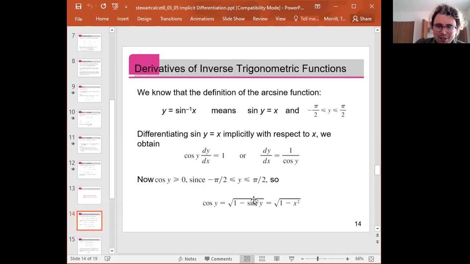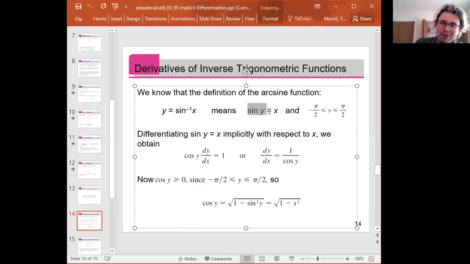And since we are working under the assumption that y is between negative pi on 2 and pi on 2, that means I don't need a minus sign here because my cosine function is positive. So in this region, cosine of y is equal to the square root of 1 minus sine squared of y. And sine squared of y is just going to be x squared, right? Because way up at the top here, sine of y equals x.